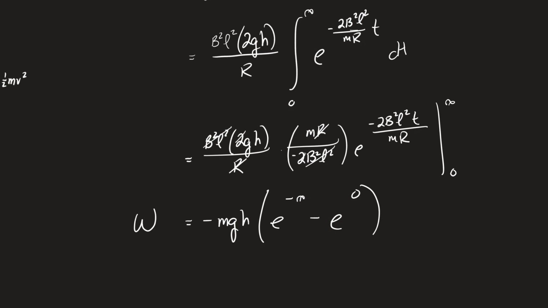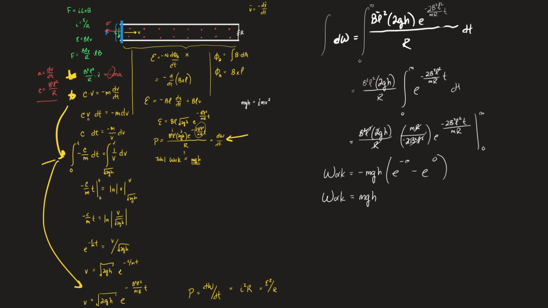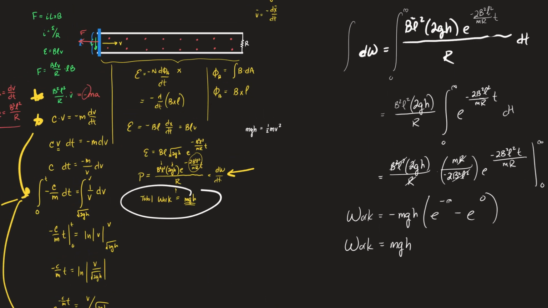And this is the total work. So 0 minus 1 gives me a negative MGH. So work will equal MGH. Oh wait, that's what we said. That's the total energy we had. It has to work this way.